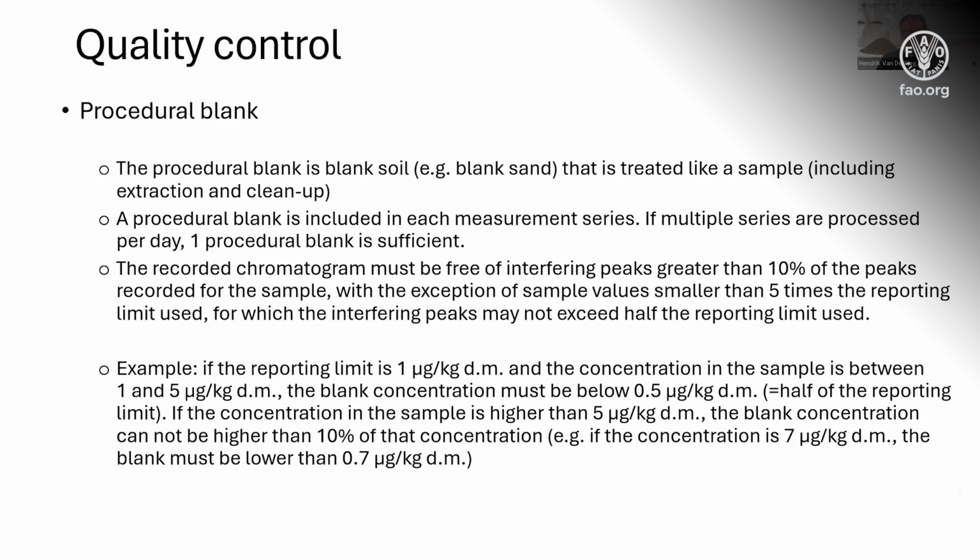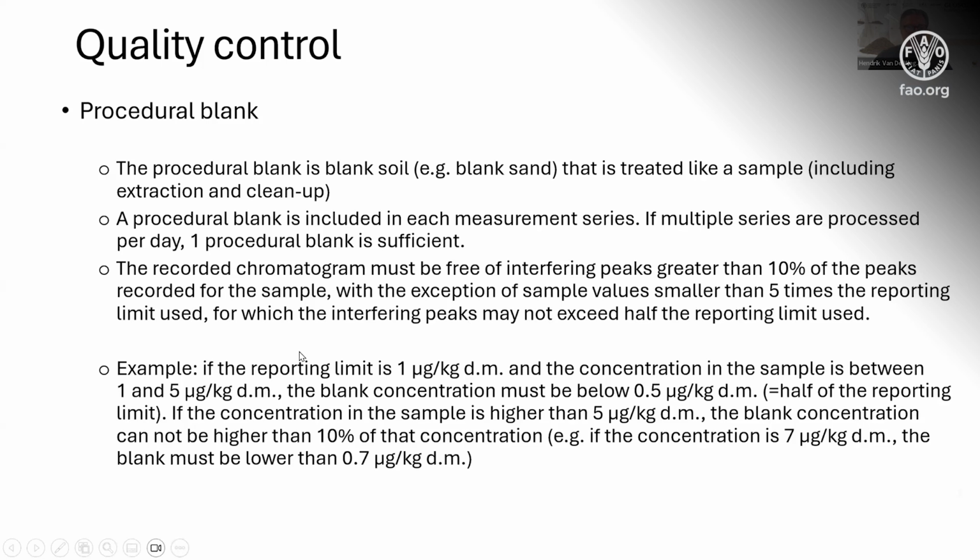The chromatogram must be free of interfering peaks that are bigger than 10% of the PAH recorded for the sample, with the exception of sample values smaller than 5 times the reporting limit, for which the interfering peaks may not exceed half the reporting limit. It is a little bit complicated, this phrase, but I will demonstrate it with an example.